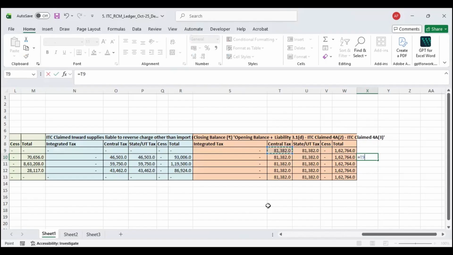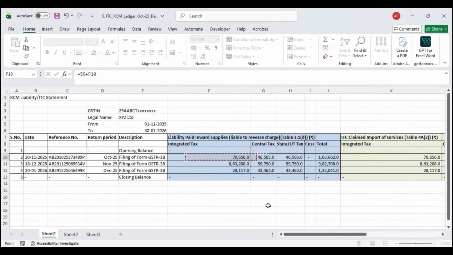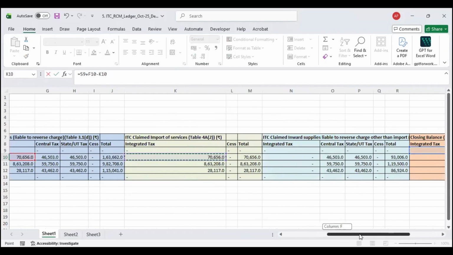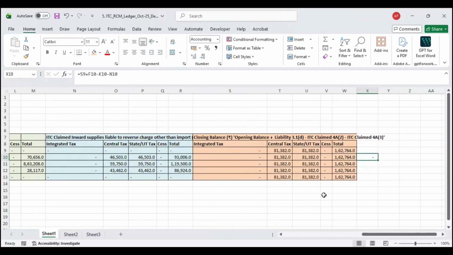IGST opening balance is 0 plus the liability which I have paid, 70,000. I can avail the opening balance plus what I have paid. From that, I am deducting how much I have availed on account of 4A2, 70,000. Anything available in 4A3? Nothing. Minus 4A3. The balance is 0.